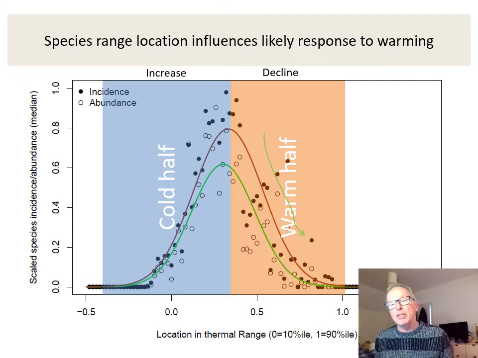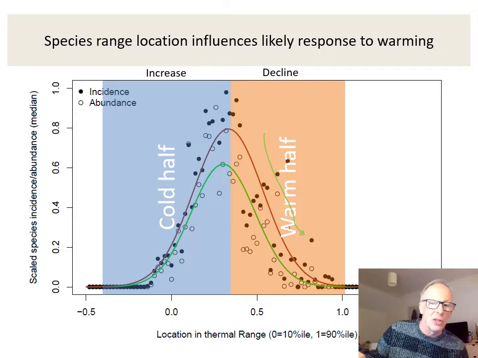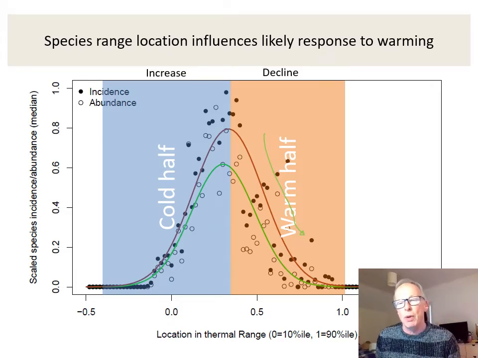So this is a relatively straightforward way to think of things, but it's very powerful, and all it demands is that we know something about the thermal responses of a particular organism across a range of temperatures, and also where we are when we're looking at that species, to anticipate the effects of its response to climate. Increasing in abundance when the species is in the colder parts of its distribution range, and decreasing in abundance when it's in the warmer part of its distribution range.